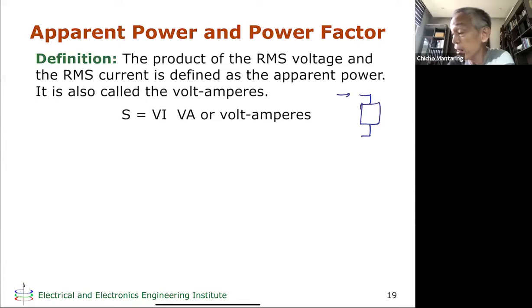If this is my phasor current and this is my phasor voltage, S is just the magnitude of my phasor current multiplied by the magnitude of my phasor voltage, which is the RMS value of I times the RMS value of V. So that is just S. And the unit for S is volt amperes.